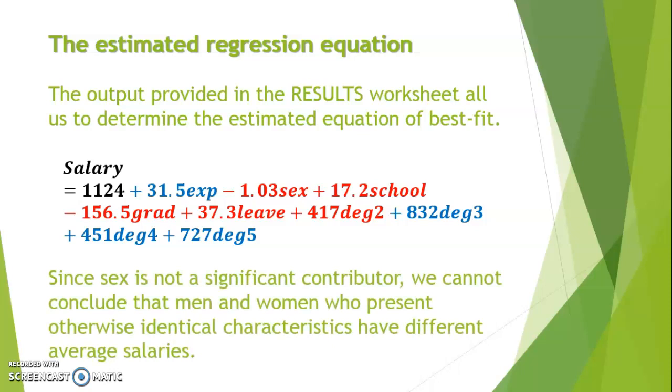However, although the coefficient for sex is estimated to be minus 1.03, it was not deemed to be a significant contributor, and therefore we cannot conclude that men and women who present otherwise identical characteristics have different average salaries. In other words, you cannot interpret minus 1.03 as meaning one of the 2 sexes has a lesser salary.